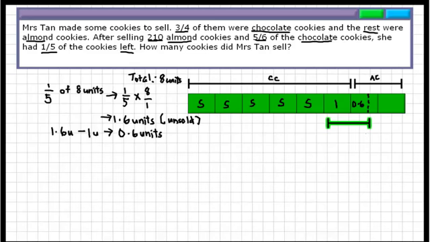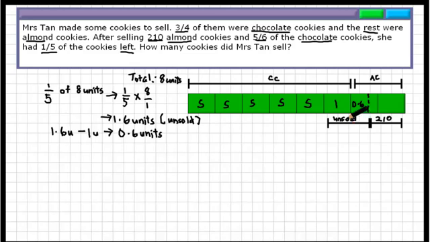And if this is the unsold cookies, this would be the 210 almond cookies that were sold. This would be unsold, and this would be 210 almond cookies that were sold.